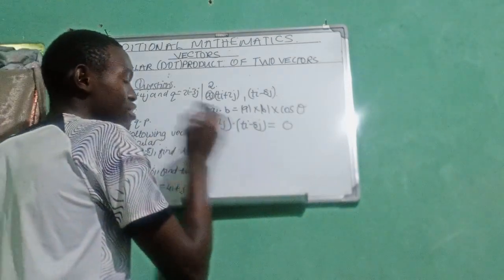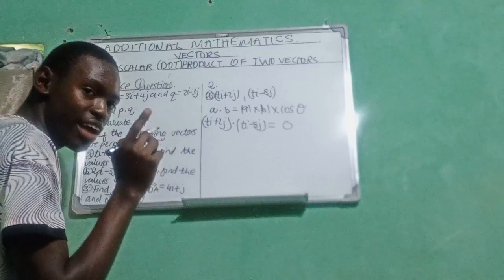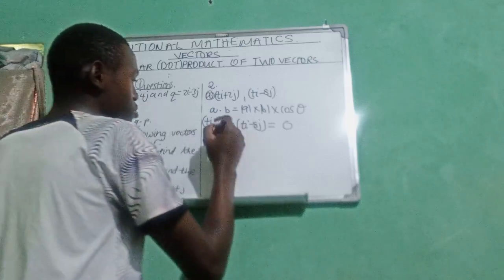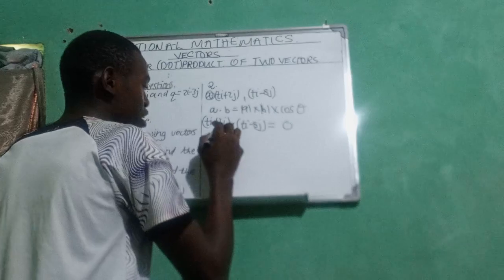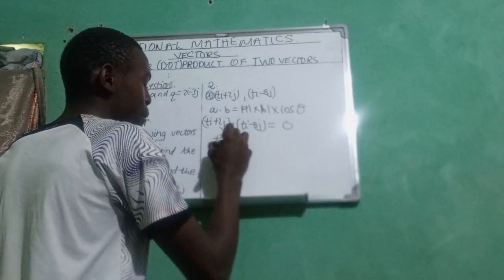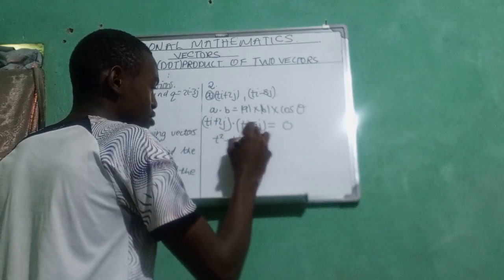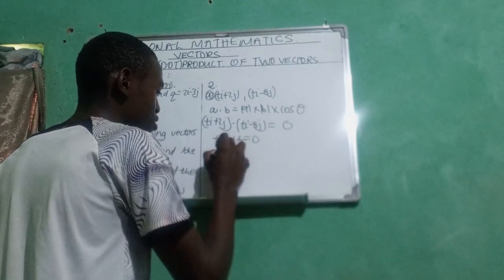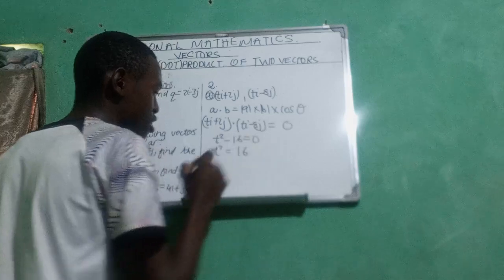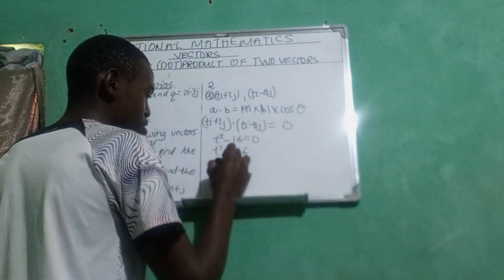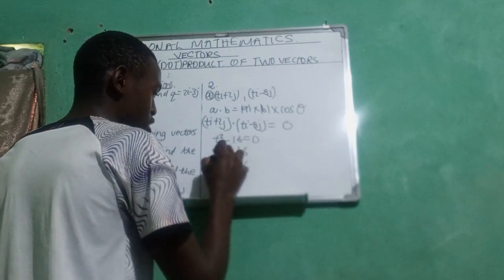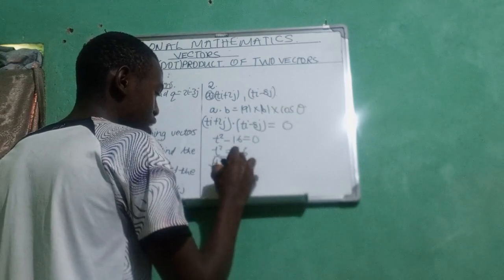Now if you multiply these two, they should give you 0. ti times ti, you only multiply the i's and the j's. So this will give you t squared. Then the j's will give you minus 16 is equal to 0. Then t squared is equal to 16. You take the square root on both sides.